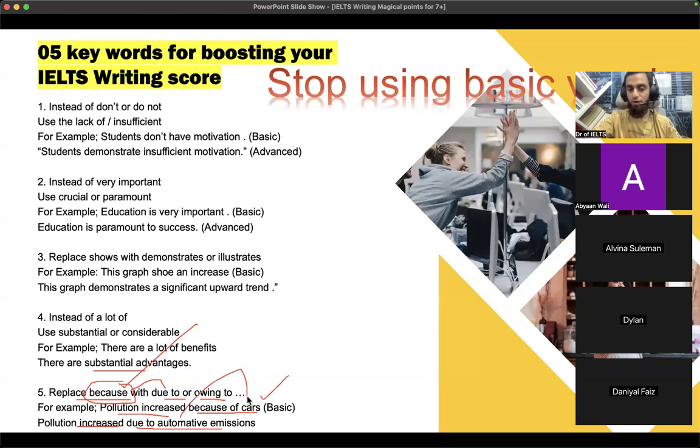Automotive can be used for cars and vehicles, right? So you say pollution increased due to automation, or due to the fact of, due to the reason of, due to the matter of, or simply due to is also correct instead of because. So next time, do not use because in speaking and in your writing section.